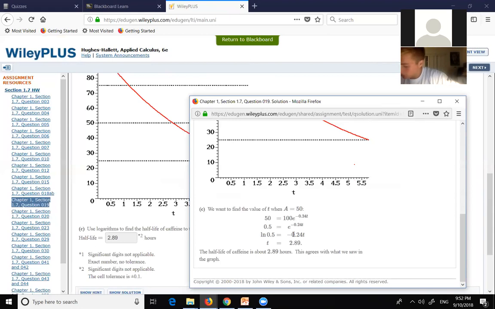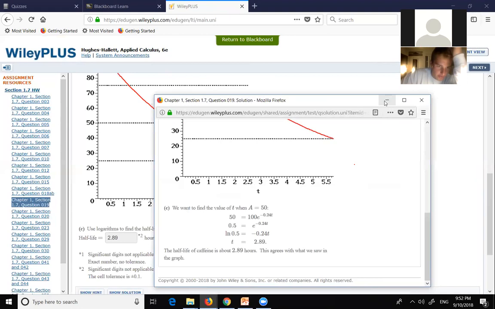And then dividing both sides by minus 0.24, you get T to be 2.889. Gotcha. Okay, that makes sense. Okay, cool. That makes a lot more sense. Okay, got that one.